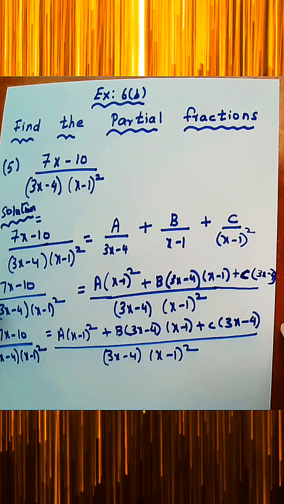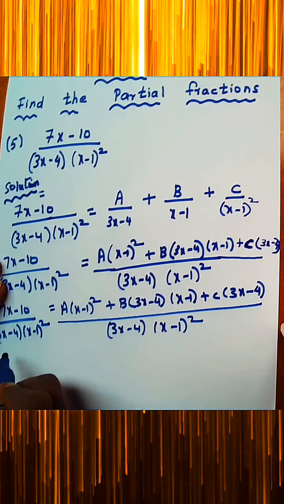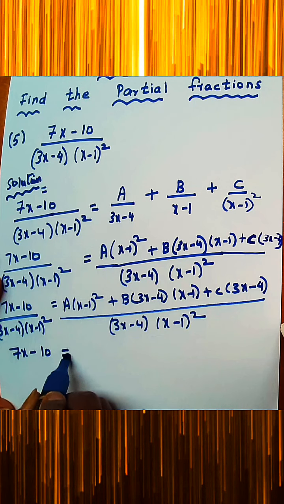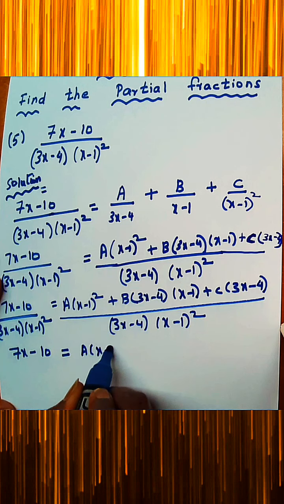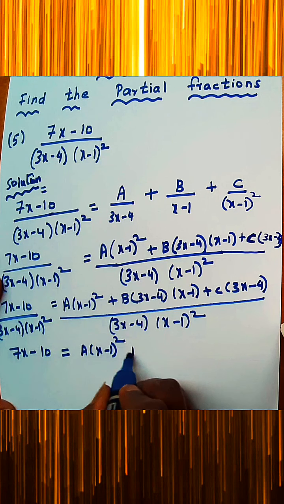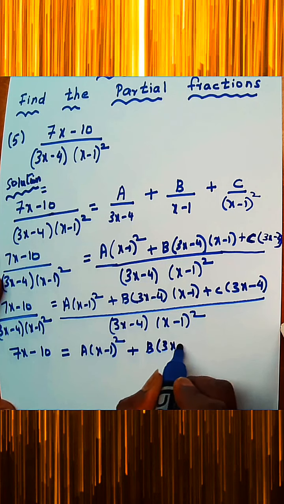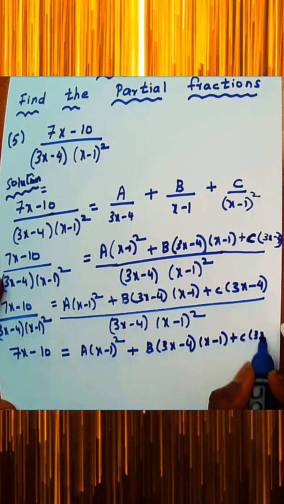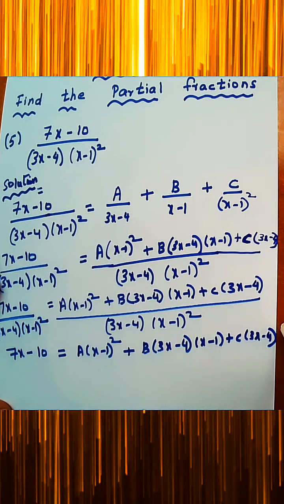The denominator will get cancelled. We are going to equate only the numerator. What is the numerator you have? 7x minus 10 is equal to a into (x minus 1) the whole square plus b into (3x minus 4) times (x minus 1) plus c into (3x minus 4).